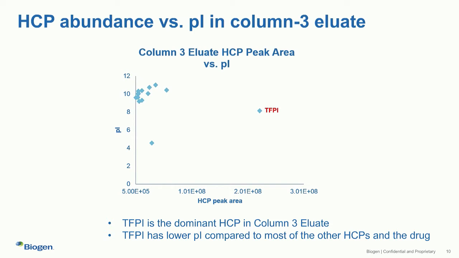What we found is that TFPI is at much higher abundance than the other host cell proteins, and we also find that TFPI seems to be separated from most of the other host cell proteins based on its isoelectric point. And as we know, the protein drug itself has a theoretical PI of 11, so we think maybe there's a chance to separate TFPI out from the drug product through a charge-based separation, basically in column 2.